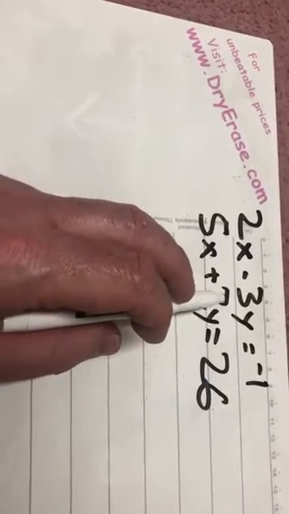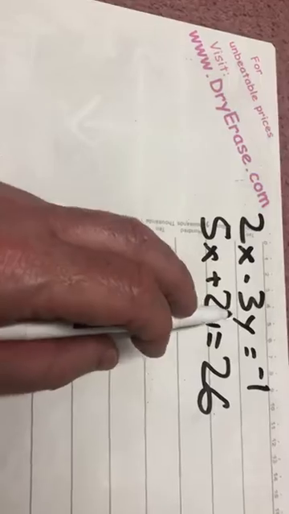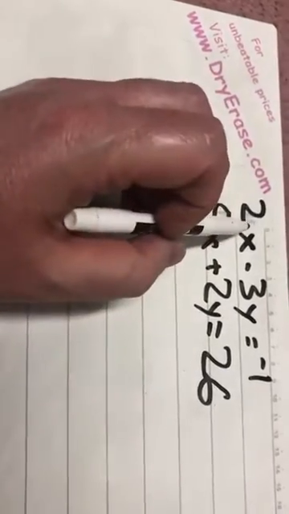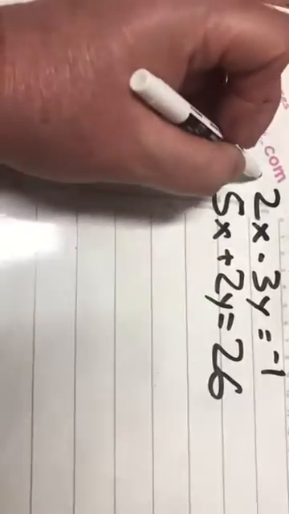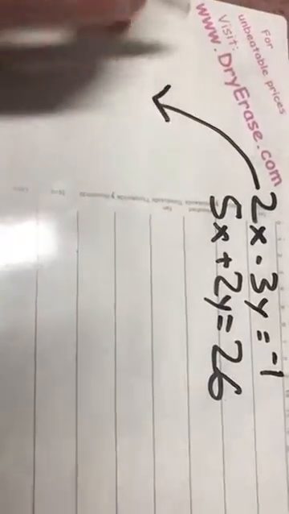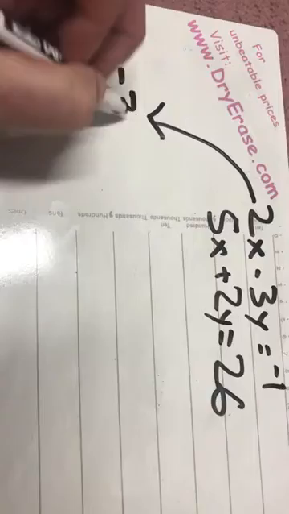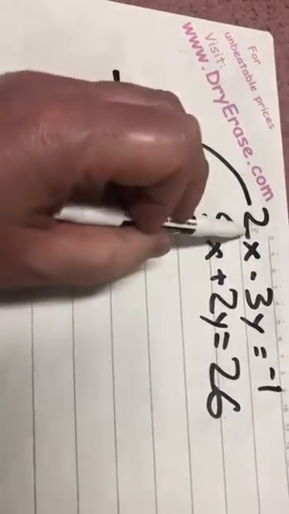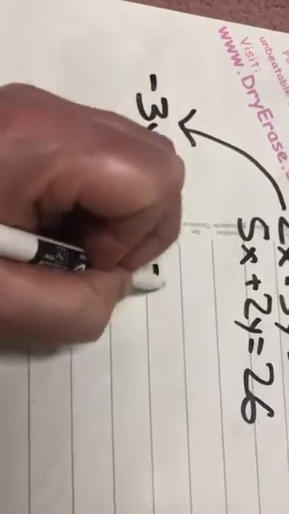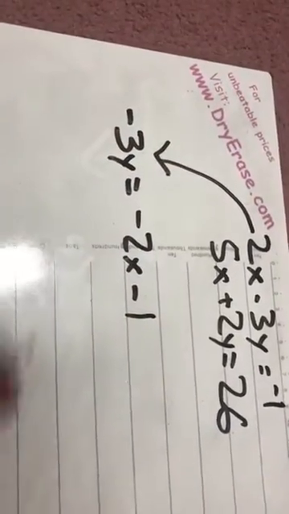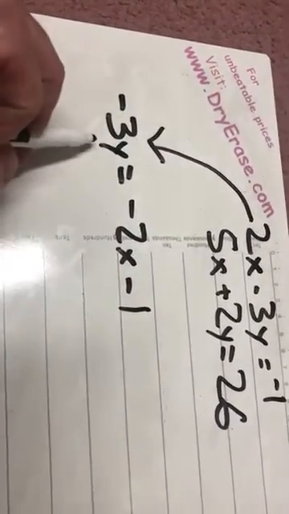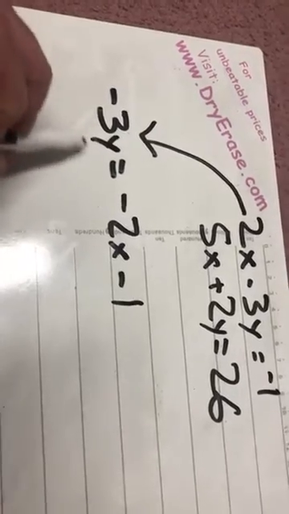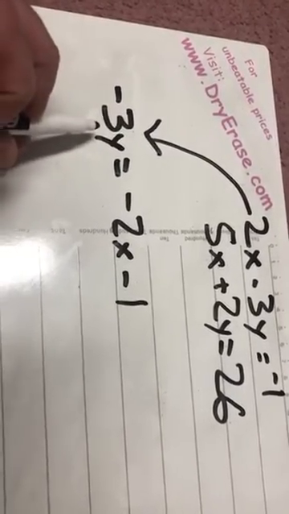All right, so the first thing I'm going to do is bring my 2x over. So we're going to work with this one here, and then we're going to be left with negative 3y equals, if I bring my 2x over to this side, negative 2x minus 1. Now to get y by itself, I'm going to divide everything by negative 3.